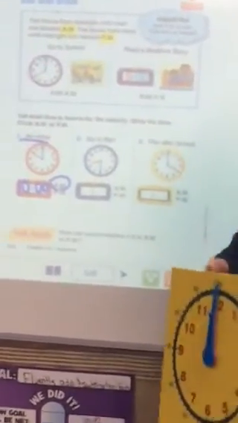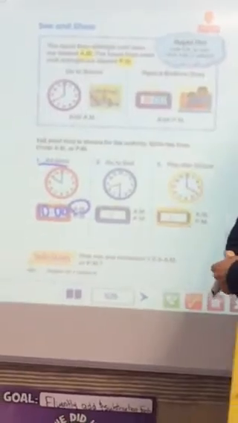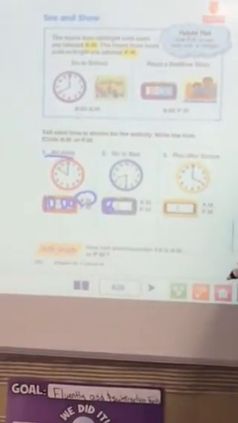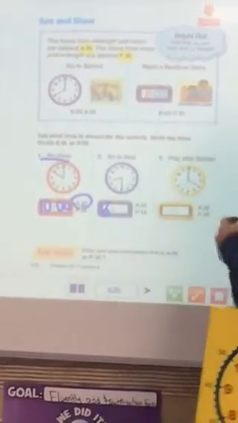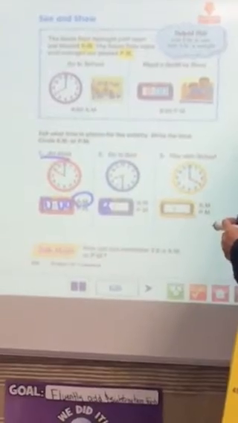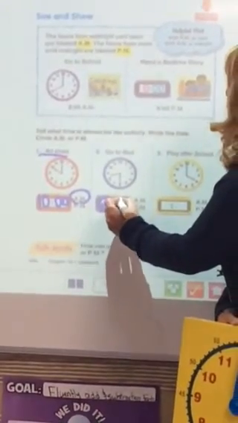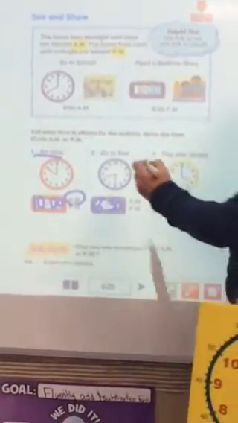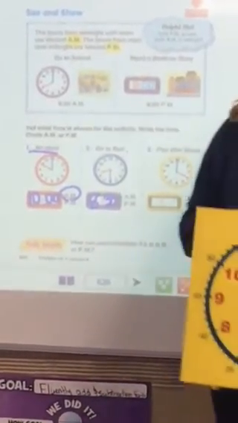The next one, we have the hour hand between the 8 and the 9. It's still the 8 o'clock hour. So we're going to put 8 right here because it's still the 8 o'clock hour zone. And the minute hand's on the 6. Oh yes, I remember. That's half an hour. That's 30 minutes. 8:30. But now we need to think. When are we going to bed?